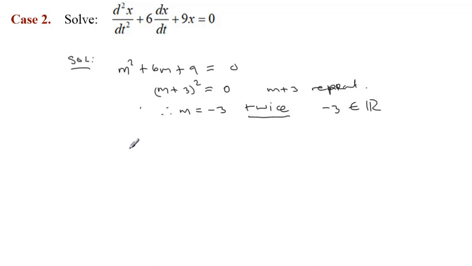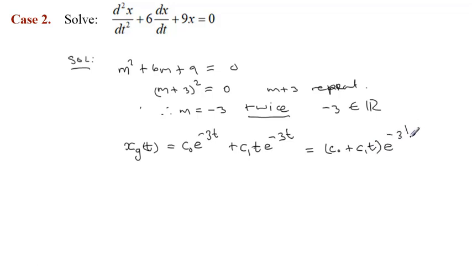So in this case we would write the solution this way: xg, the general solution, is equal to the initial undetermined coefficient C0 e to the power minus 3t plus C1 t e to the power minus 3t, which we simplified and wrote as C0 plus C1 t multiplied by e to the power minus 3t.